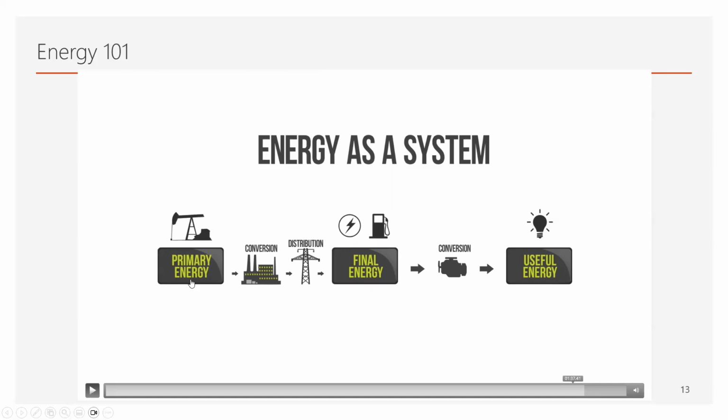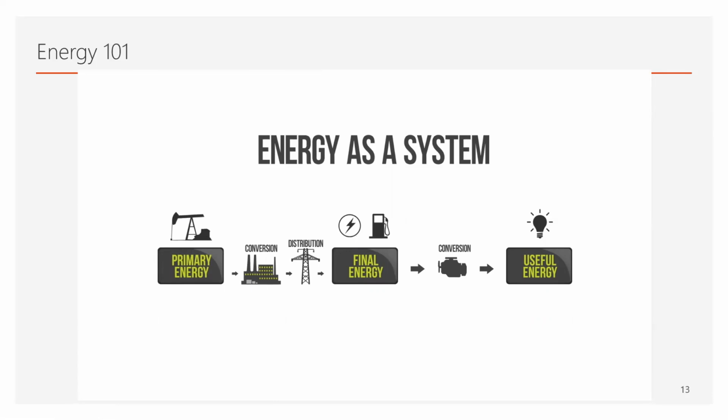So we're converting coal or fossil fuel or nuclear energy to electricity. That is one conversion. Then in the distribution sector, we distribute this energy to local loads, factories.